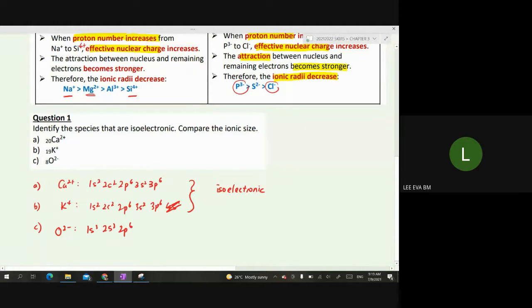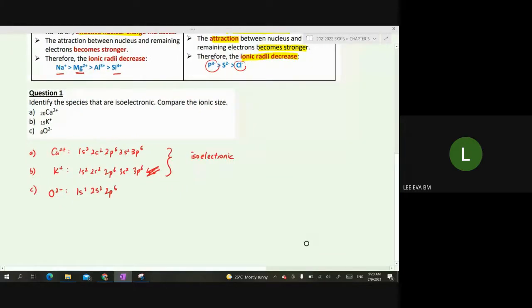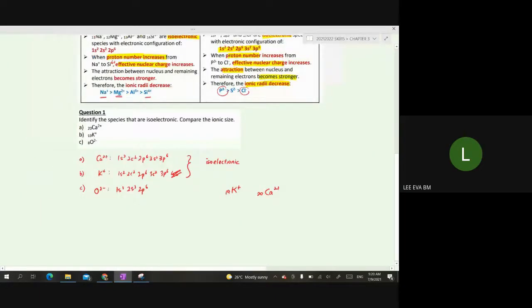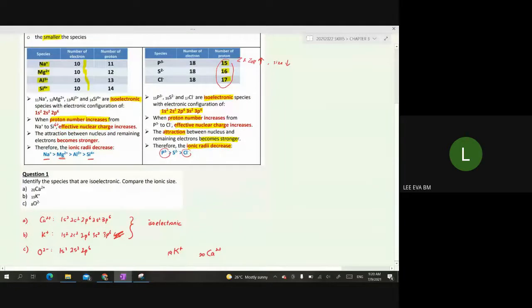Any idea? B. B is bigger in size. What is your reason? Its proton number is fewer. Just now madam gave it: the bigger the proton number, the smaller the size.